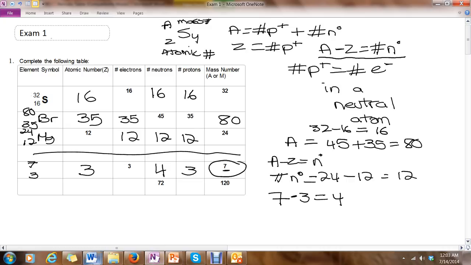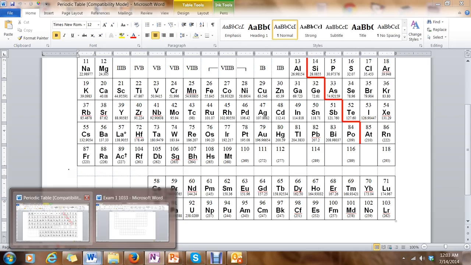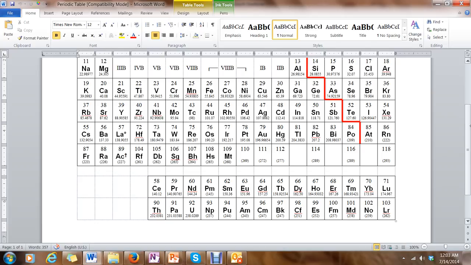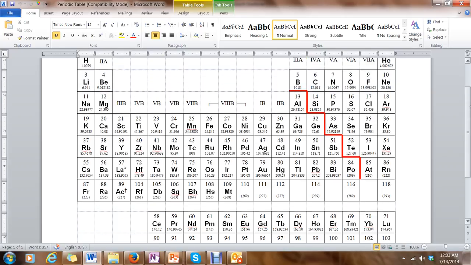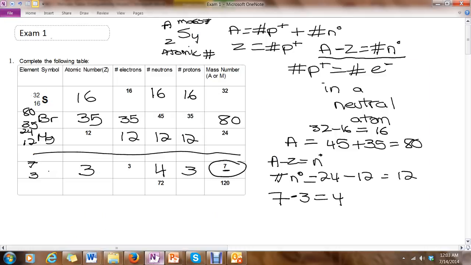So now let's look at our periodic table, 3 and 7. It's lithium. Yeah, it was lithium, but I wanted you to see. Now let's look at the number of neutrons of 72 and a mass number of 120.